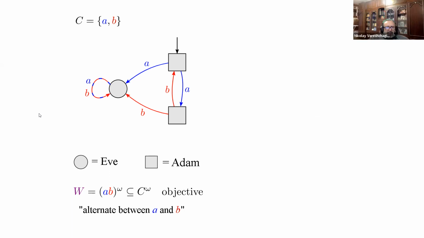Otherwise Adam plays to the bottom, right? And then it's Adam's turn again. If he plays up again, then we are again, so to say, in the same position.